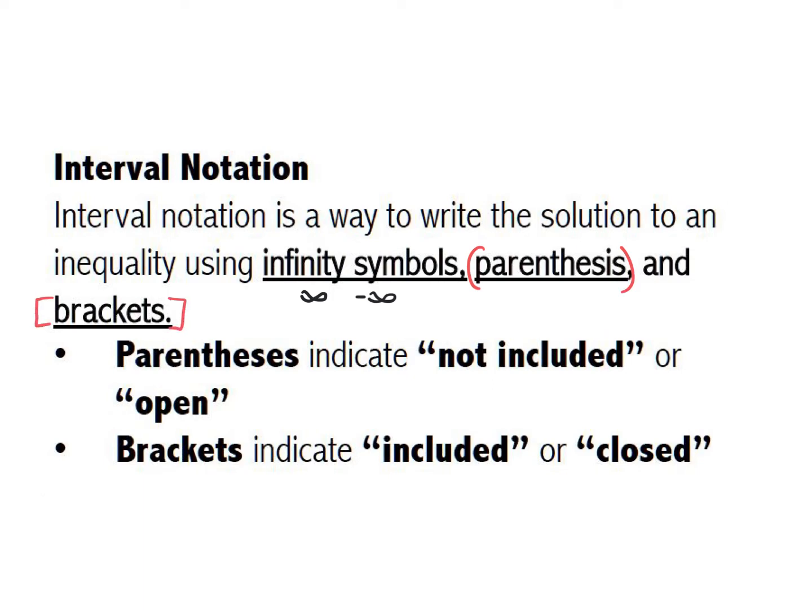Okay, so parentheses indicate not included or open. So anytime you see parentheses around a number, it represents that it is excluding that number. And anytime you see brackets, it indicates included or closed. That means that number is a solution to that equation, or in this case, inequality.